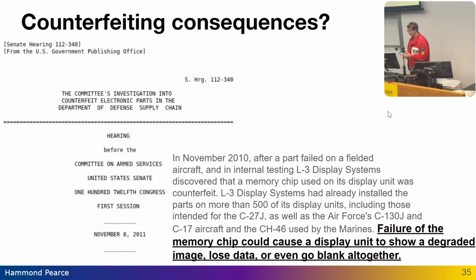But they said if it hadn't failed on the ground, there's a very good chance the plane would have crashed, because it was driving one of the screens that the pilot sees the information on. They said these chips had been provided from a supplier, and they'd ended up in over 500 aircraft. So this one botched batch of counterfeit chips has them decidedly perturbed about the fact that counterfeit stuff is actually ending up in US military aircraft.